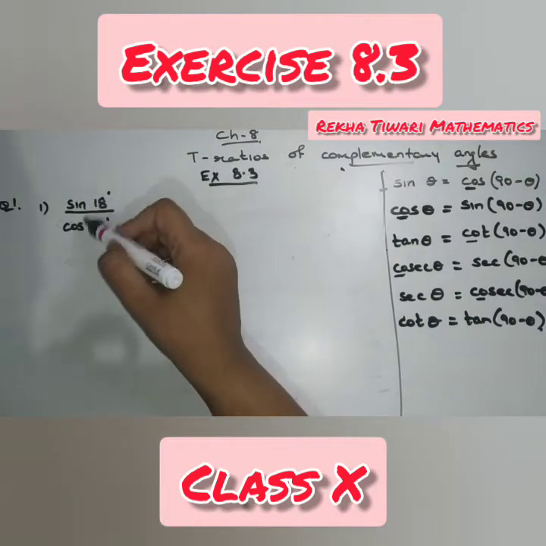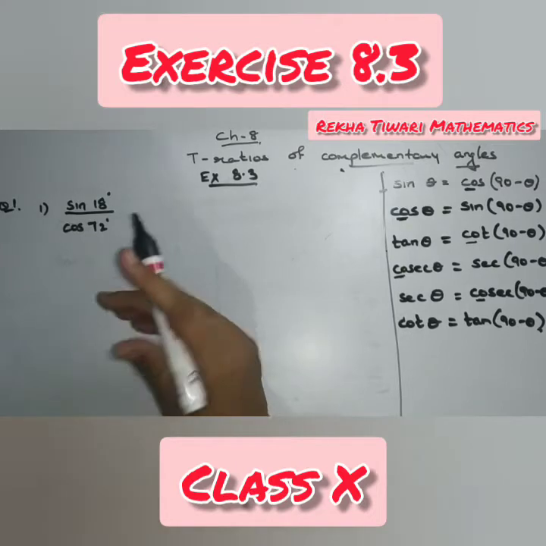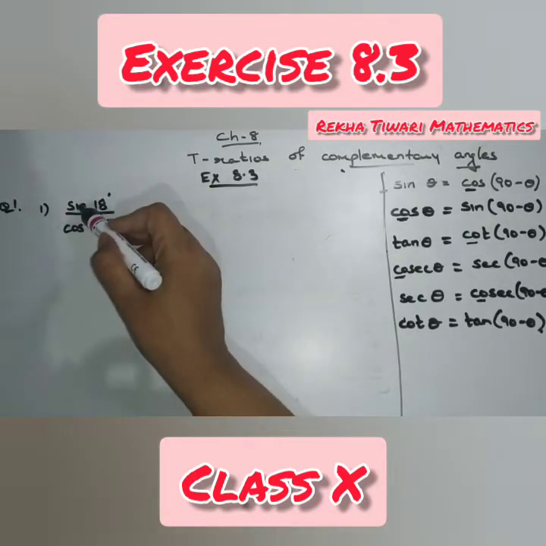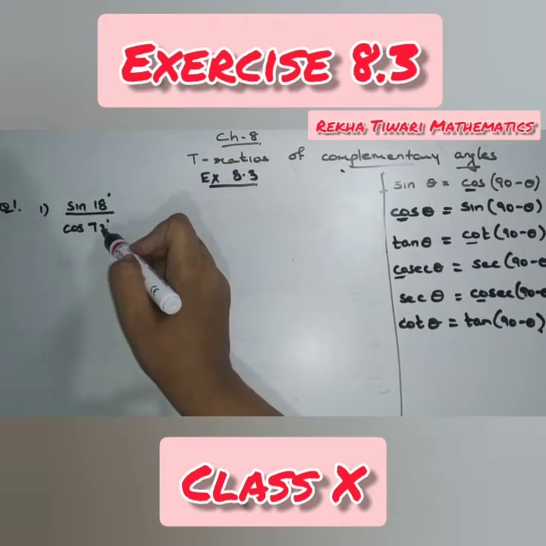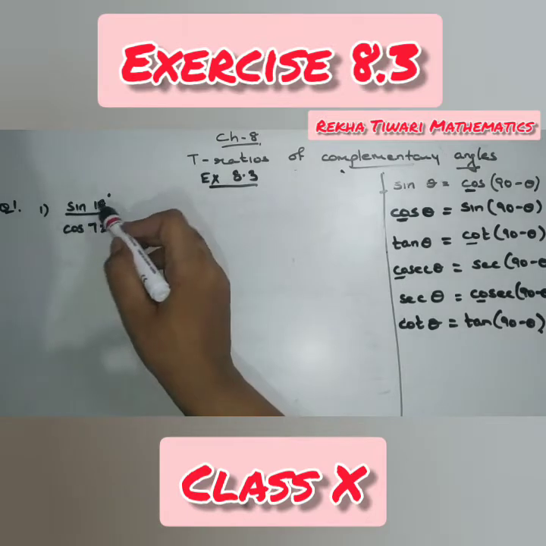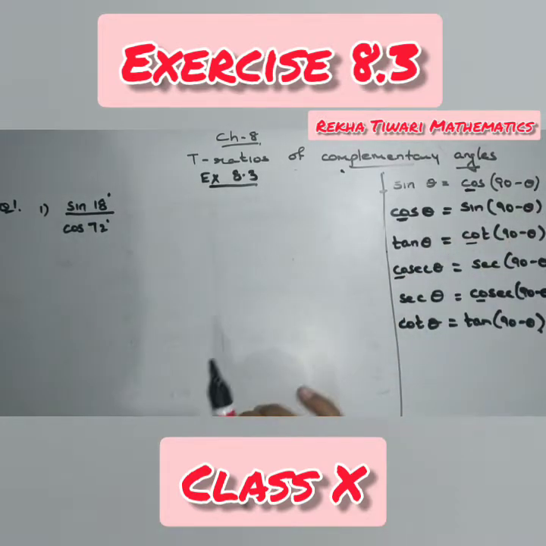Out of these two, we will change any one. We are not going to change both because again it becomes a new question. So I have to change one. Either I can change sin theta or I can change cos theta. Let me change sin theta. And sin theta is what? Sin theta is cos 90 minus theta.